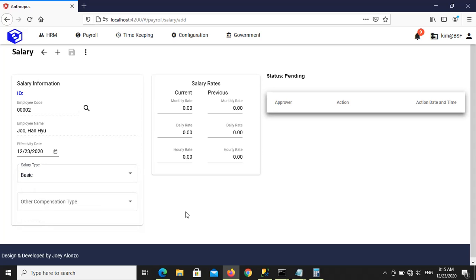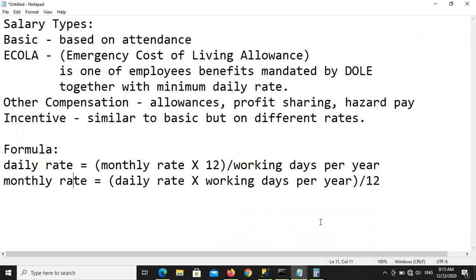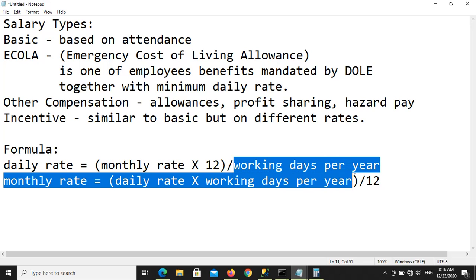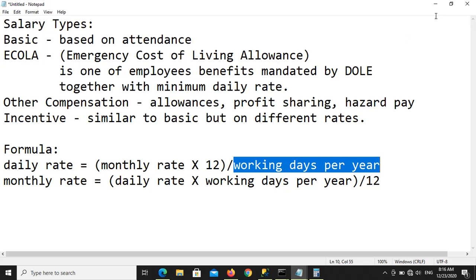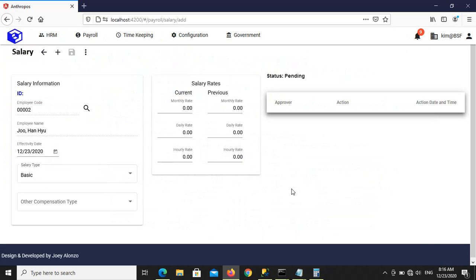But by the way, as you can see on this formula, we need to know the working days per year in order to calculate the monthly rate and the daily rate. That of course applies to both. Now, how do we determine the working days per year in HR Tech?